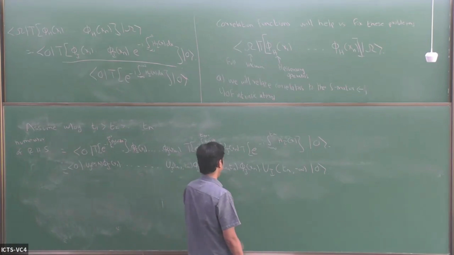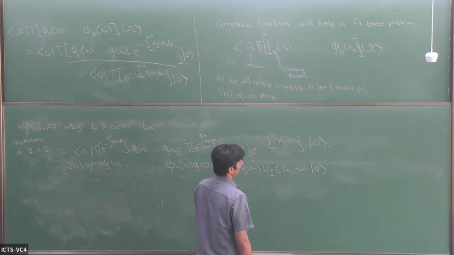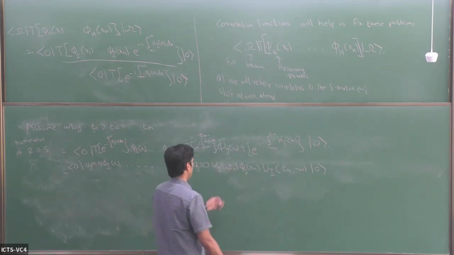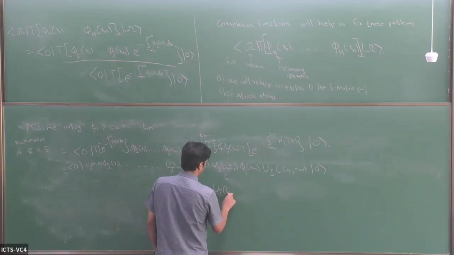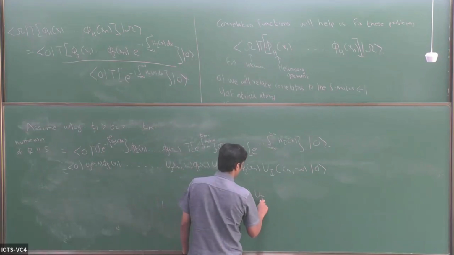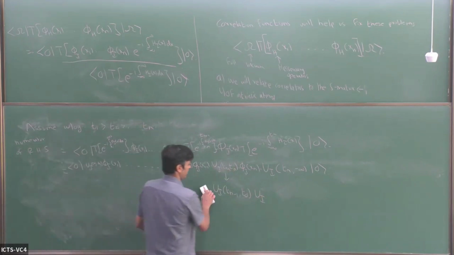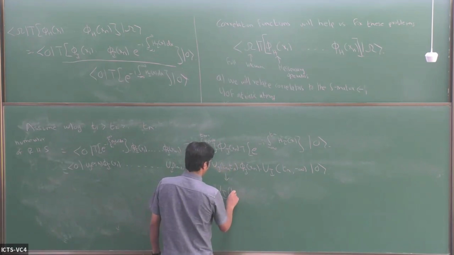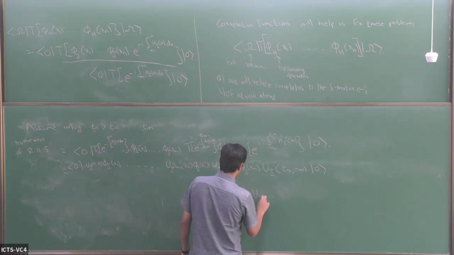Now these time evolutions, you can use the formula that we had before to convert them into something which evolves you from t0 to tn. So this one, for instance, you can write as U_I of tn minus 1 to t0, times U_I dagger, or let me just write U_I with one argument, U_I of tn minus 1 times U_I dagger of tn.